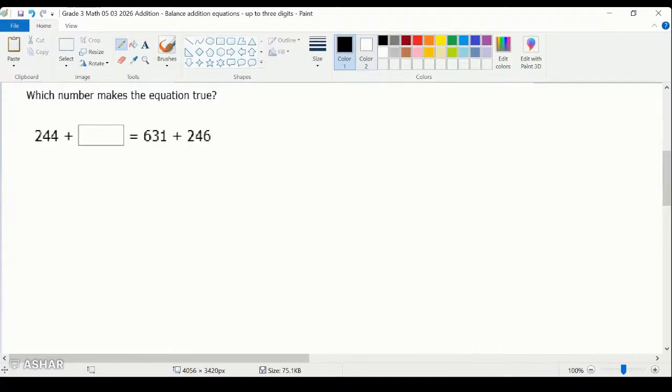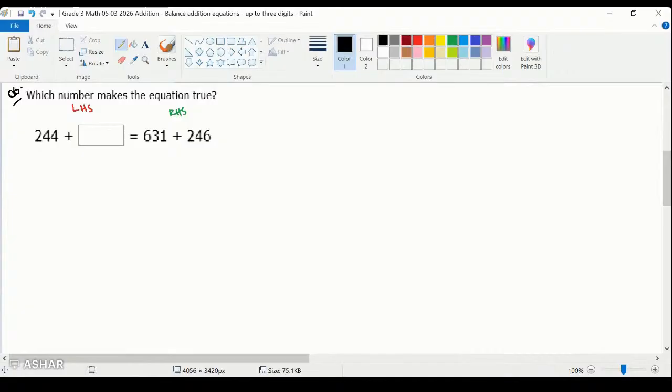If this is our question number 6, and they're asking us which number will make the statement true such that this is the left-hand side and these were the numbers on the right-hand side. Okay, let's do question number 6 together.